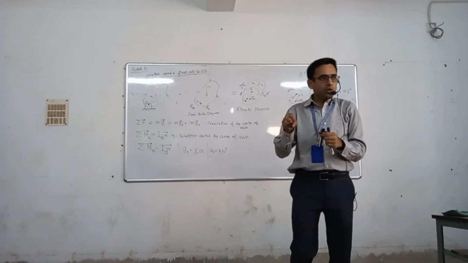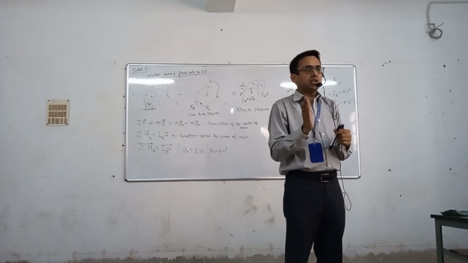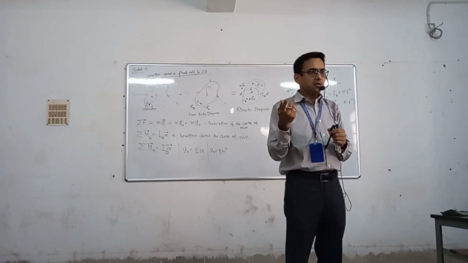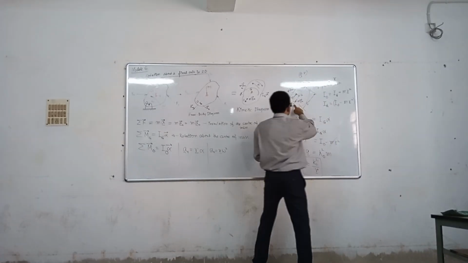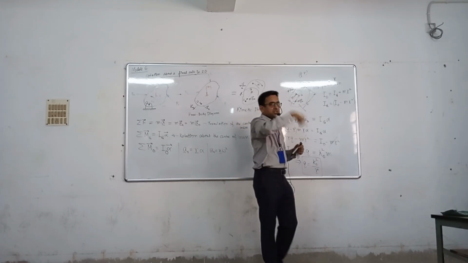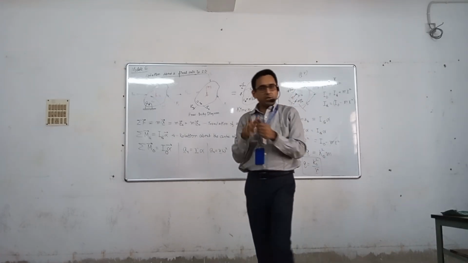If you have a bearing, there will not be any tangential force on that bearing. Whatever force is applied, there will be a normal force, obviously, that is m r omega square, but there will not be any tangential reaction on my hand.